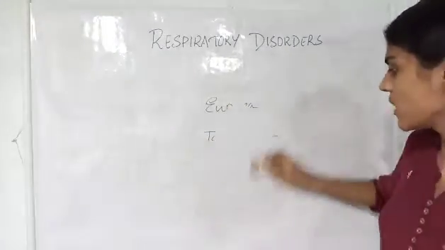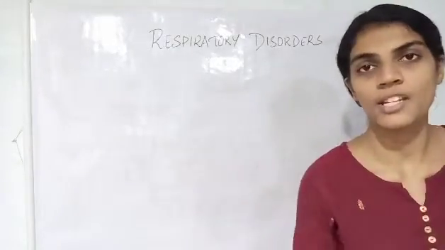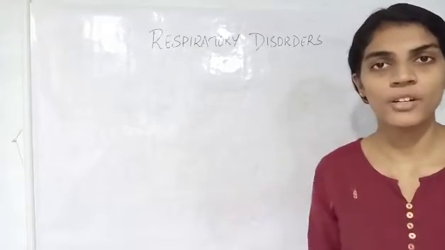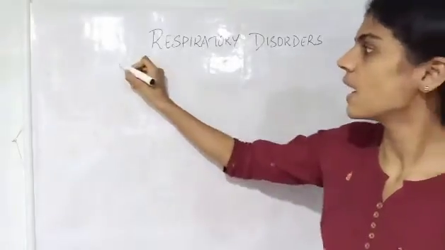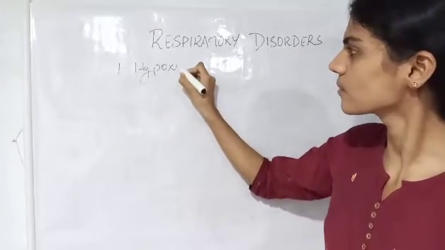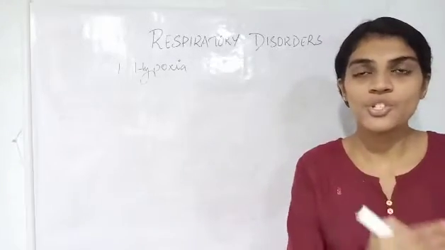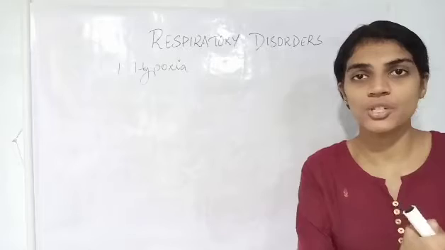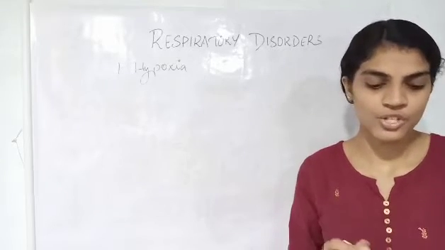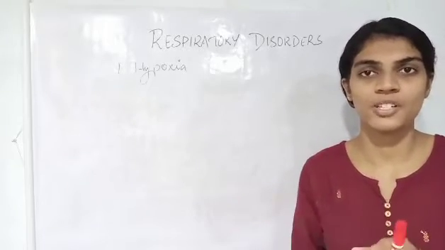Now we are moving on to the actual respiratory disorders, which are the major or important respiratory disorders. First of all, the most important respiratory disorder is hypoxia. What is hypoxia? Hypoxia is the reduced availability of oxygen to the tissue. You know the importance of oxygen. Oxygen is an essential entity for all the metabolic reactions in the body.